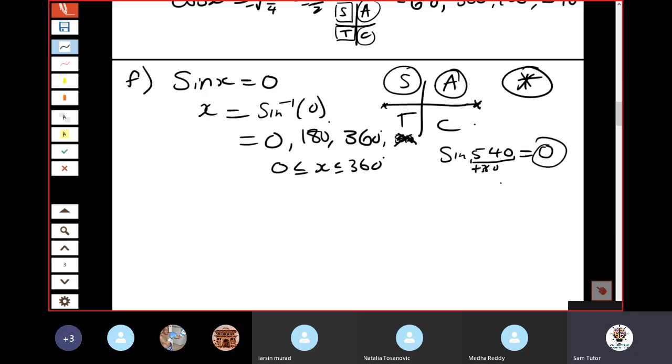You can add 360 to this, and sine 900 will still give you 0. But you don't put these ones in, and the only reason why we're not putting these extra ones is because they're outside of my domain. But 360, we had to put it in, because if I add 360 to 0, it's still within my domain. So you just got to be careful. If you ever get an answer of 0, another answer you must have, irrespective of the other answers, is 360.